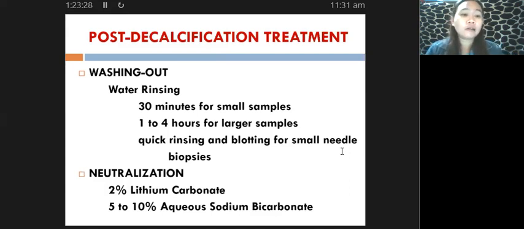Examples include 2% lithium carbonate, 1% aqueous lithium carbonate, 5 to 10% aqueous sodium bicarbonate, and 5% sodium sulfate. Those are the ones used.